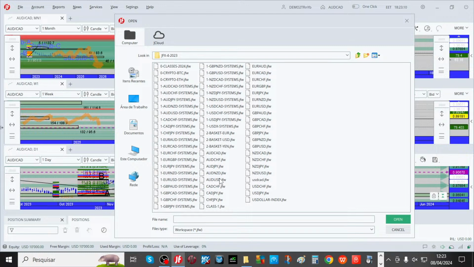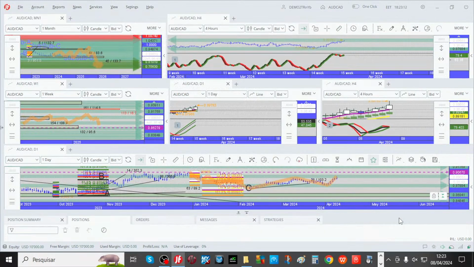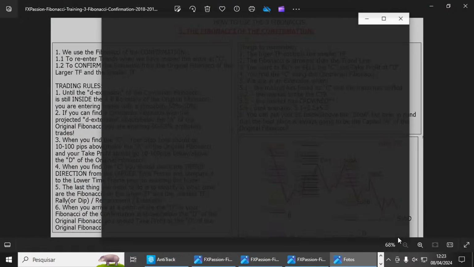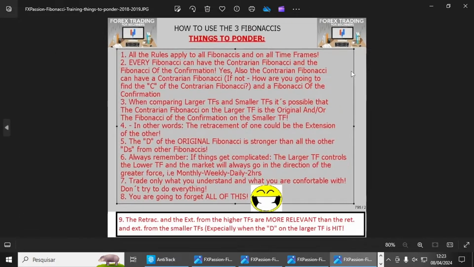Alright, everybody, next one, AUD/USD. How to find the confirmation Fibonacci in a downtrend. We talked about this one. We start from the C. And somebody has to remember the rules. So this is the last slide.